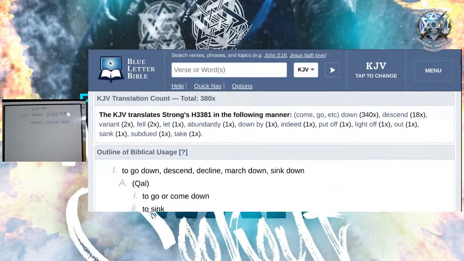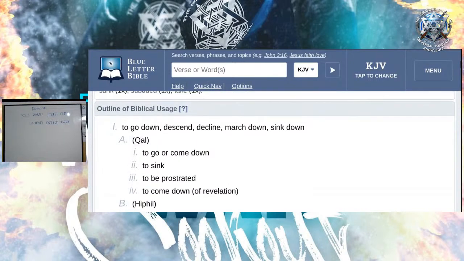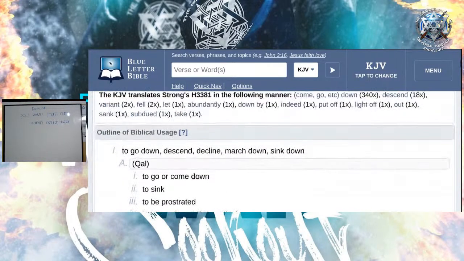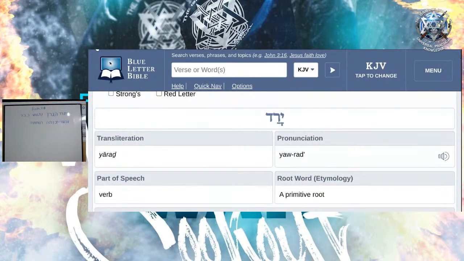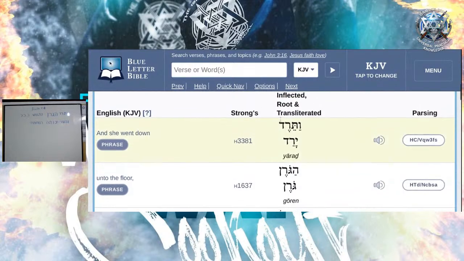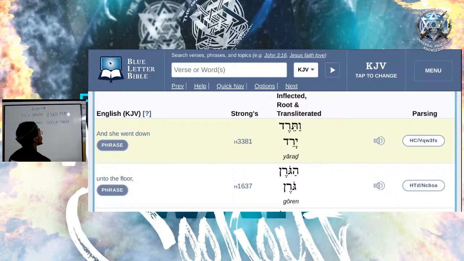H3381, to go down or descend. Okay. Now, why is it wa the rod instead of wa yarad? Because again, this tha makes it past tense and feminine. So the tha replaces the ya. Instead of seeing a ya here, you see a tha, and now it's wa the rod.